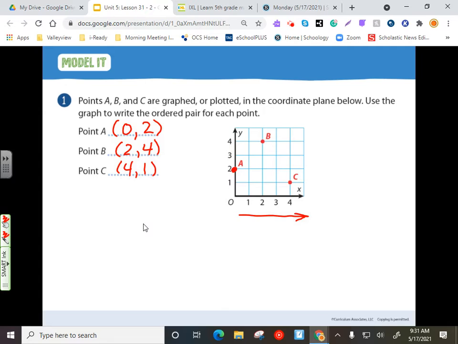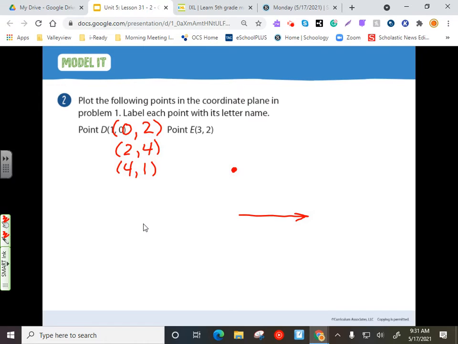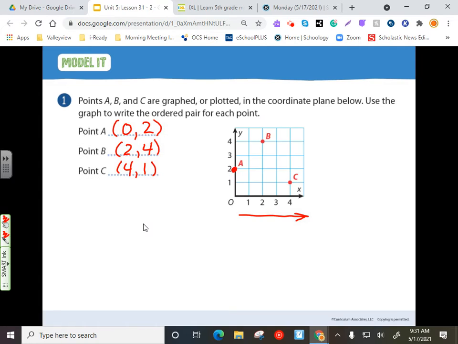All right, let's go on to the next part. Actually, part 2, I want to erase what I have here because I'll just go back here. It wants us to label points D and E. D is going to be at 1, 0. So I'll put D is at 1, 0.